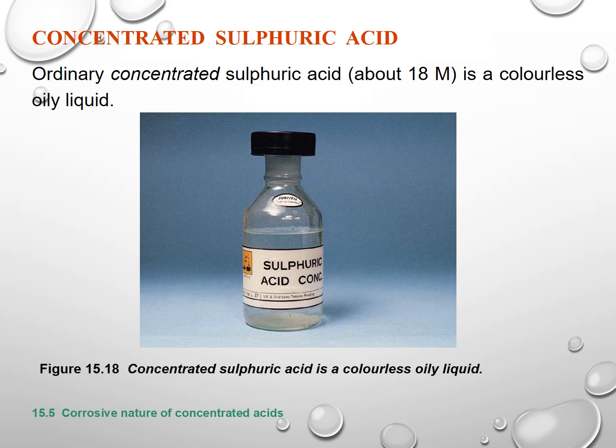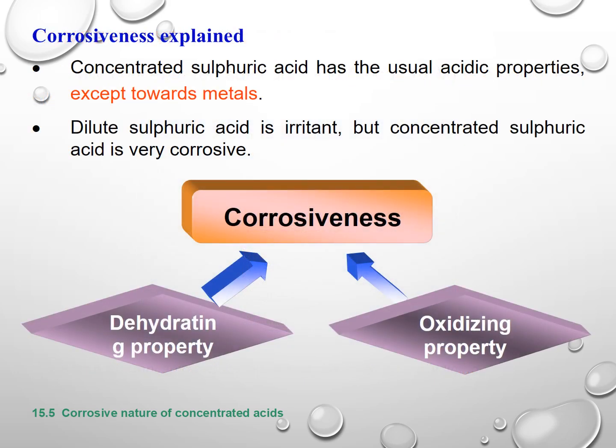It reacts with metals, carbonates, and bases much faster than dilute hydrochloric acid. Concentrated nitric acid is usually colorless, but may become yellow upon storage because it slowly decomposes to produce nitrogen dioxide gas. Nitric acid is not only acidic, but also a powerful oxidizing agent.